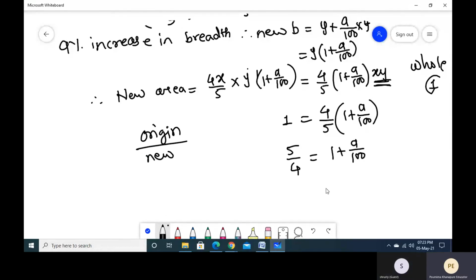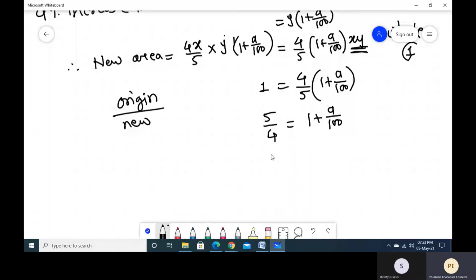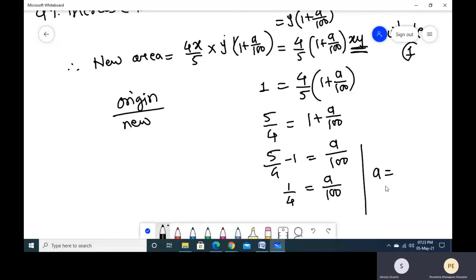Now we calculate: 5 by 4 minus 1 is a upon 100. 5 by 4 minus 1 is nothing but 1 upon 4. So 1 upon 4 equals a upon 100. Take 100 over here, so a is equal to 100 upon 4. So a is 25.